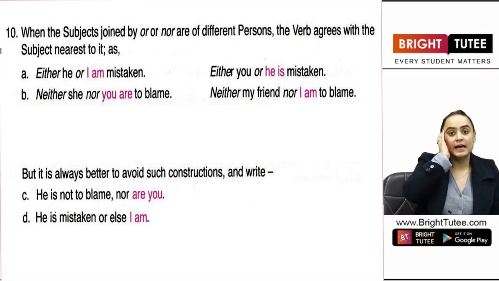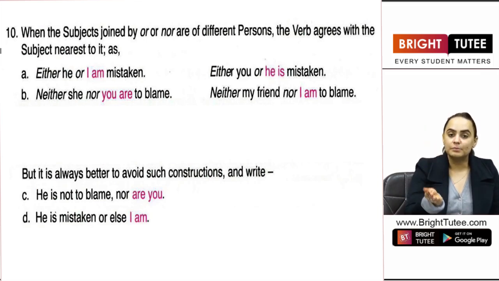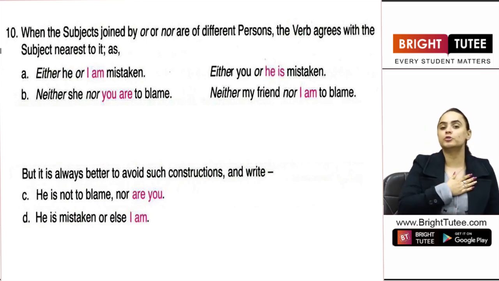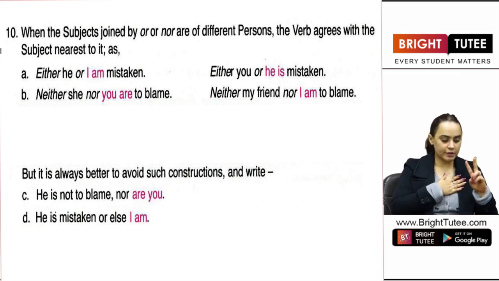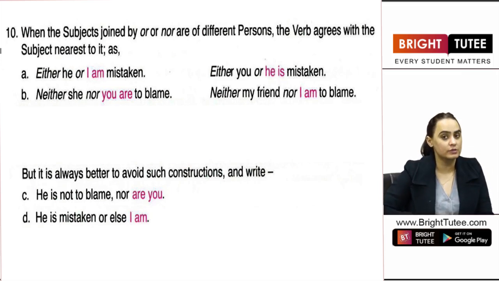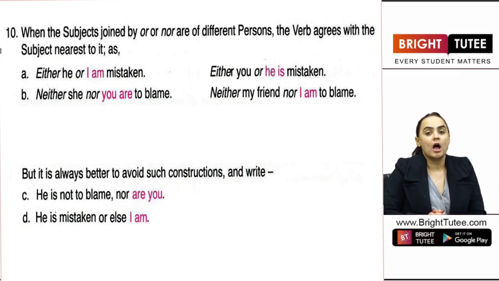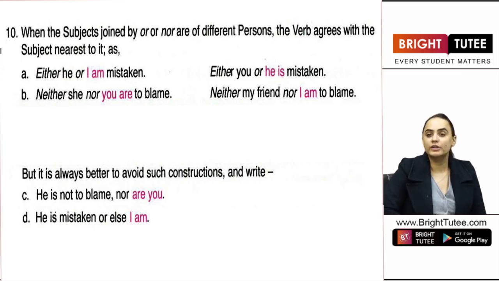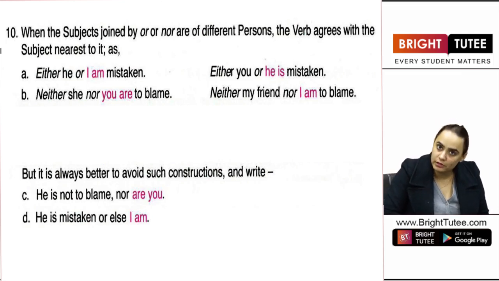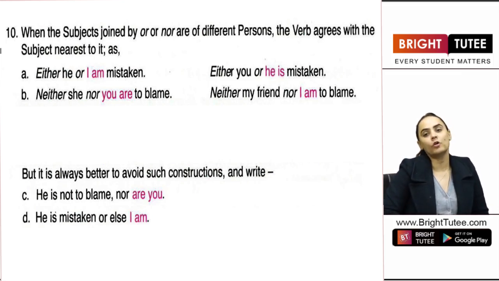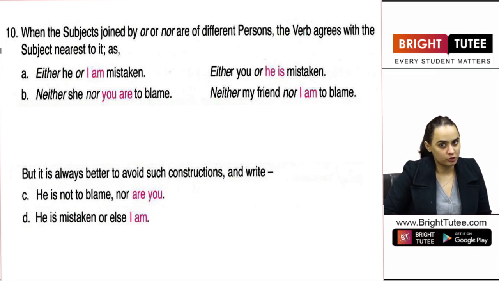Then we learnt that if there are two nouns in the sentence joined using either or, neither nor, the one which is closest to the verb decides the verb.